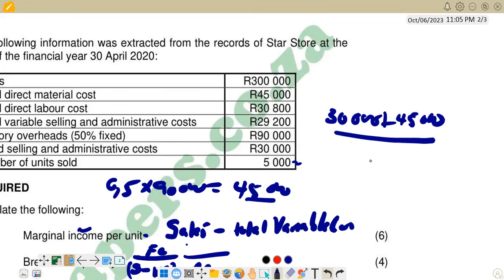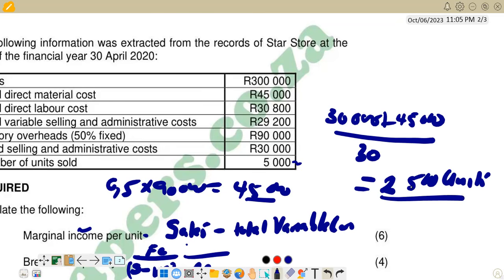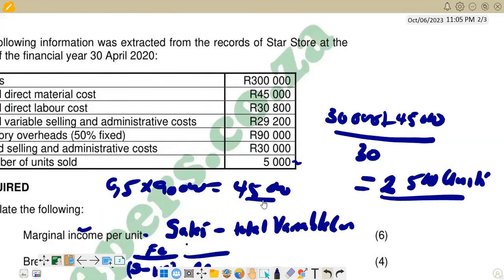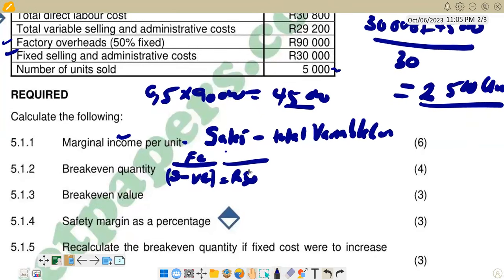Then we say over the selling price minus variable, which we found is 30 rands per unit, so it's over 30. So if you do that, 30,000 plus 45,000, and then we divide by 30, you are supposed to get 2,500 units. So this is the answer there. So our break-even quantity is 2,500.